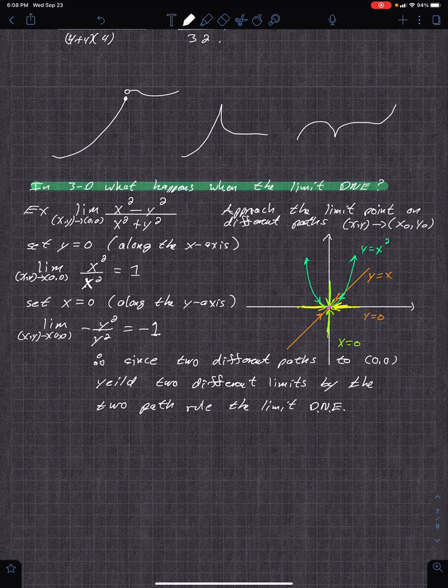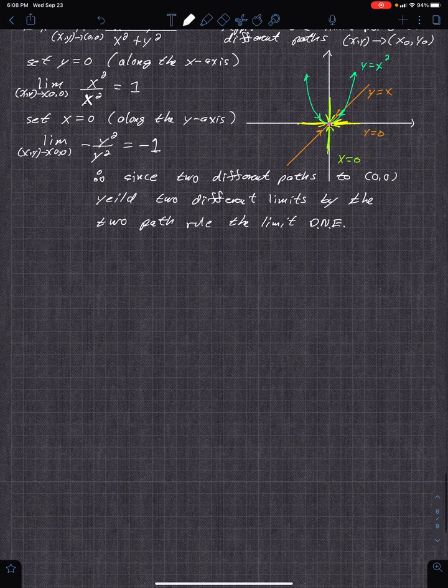So let's try this one. You try the simple cases first, like 0 and 0, and then if that doesn't work, try something else. So let's look at this one.